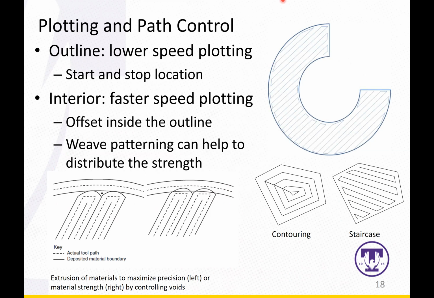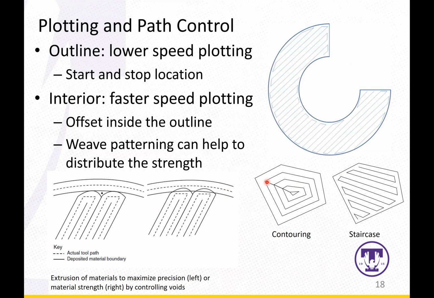So for this kind of tool path, there could be different ways, like contouring patterns or staircase patterns. For the contouring patterns, as you can see, this outline is the first layer to print, and then the interior patterns will be printed one by one.